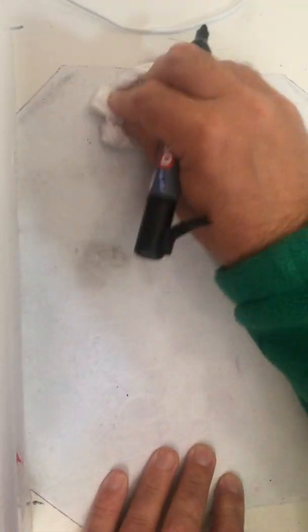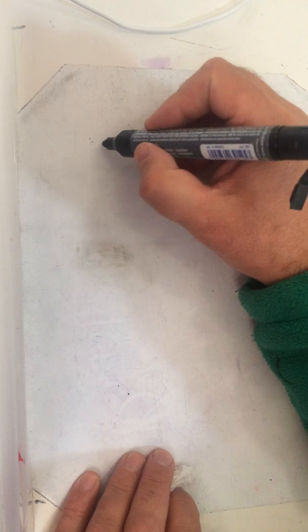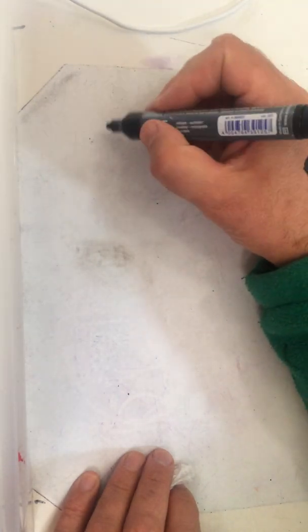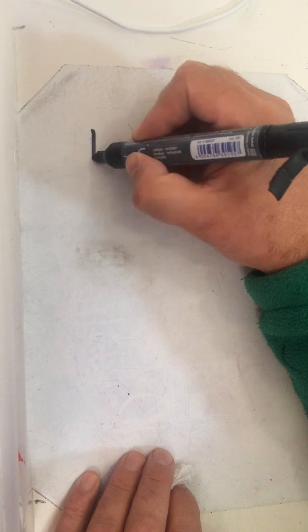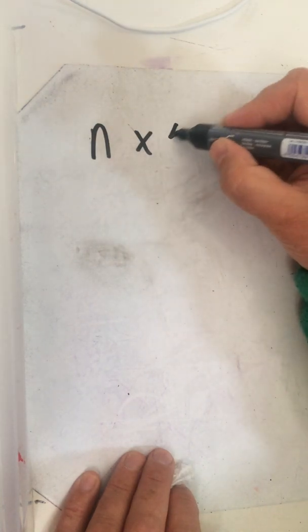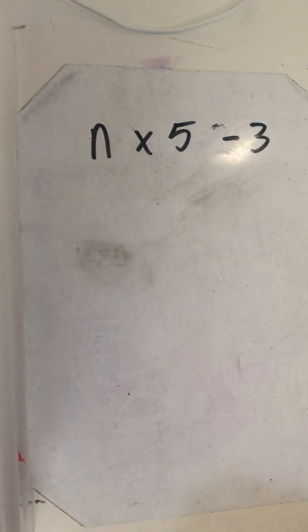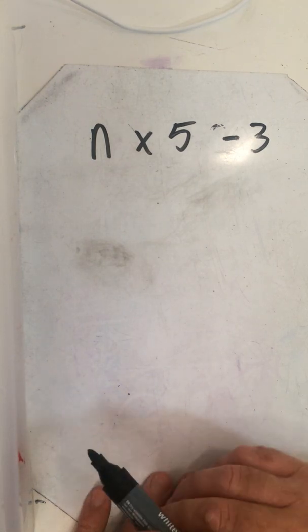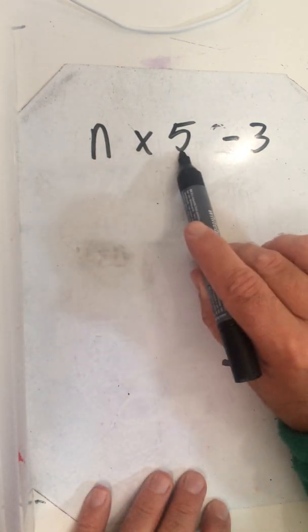Right, one more. Say I've got a number n, and I want to times that by 5 and then take away 3 from that. This is how I would write the expression. n times 5 is the bit I'm going to focus on first.